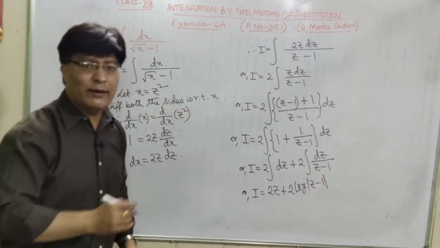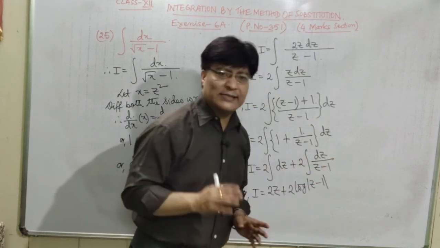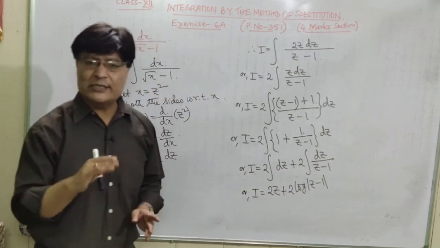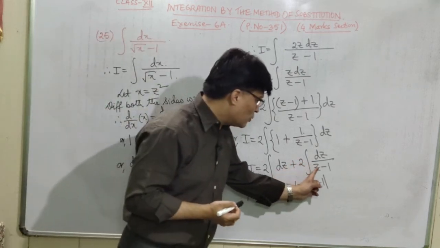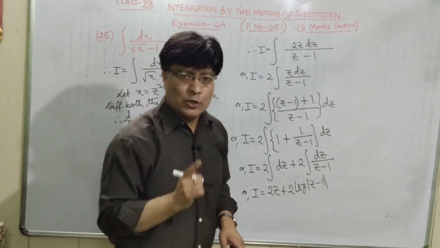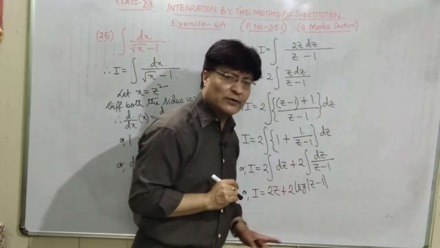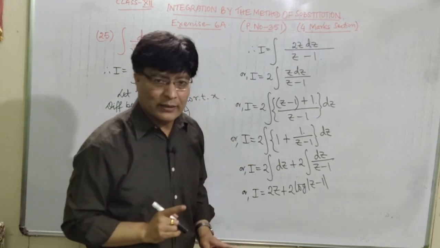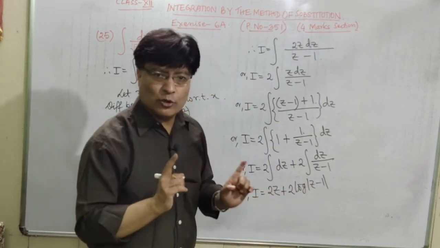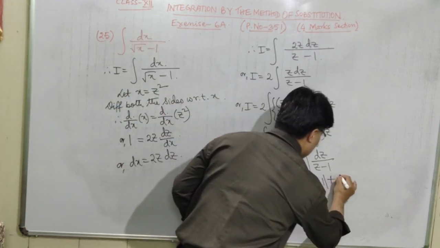Actually you have to divide it by the derivative also, because z minus 1 is taken as z to integrate it. What is the differentiation of z minus 1 with respect to z? That is 1. In case of differentiation you multiply by 1, but since this is integration, you divide by 1. Since this is 1, you don't have to write that 1. Okay, so write plus c.